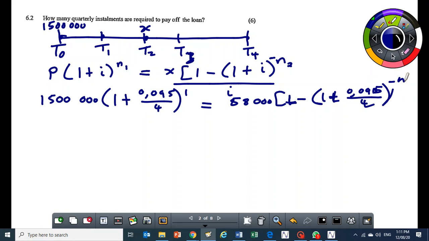Here I'm just putting n, but you can put n2, it's not a big deal.